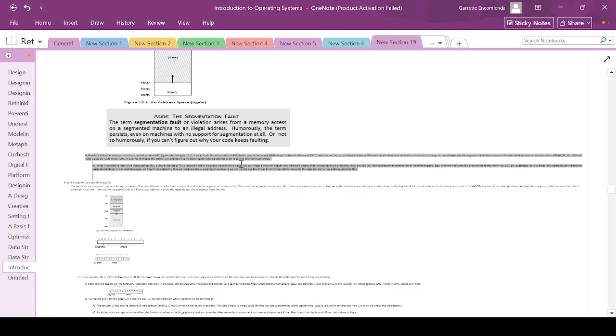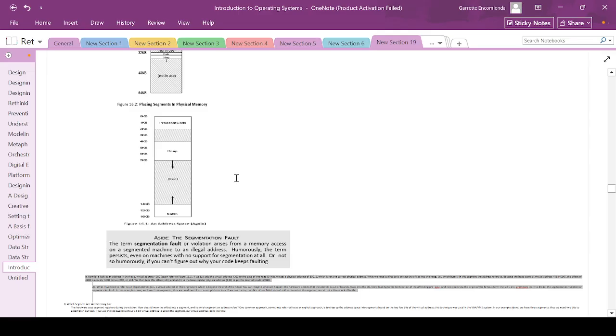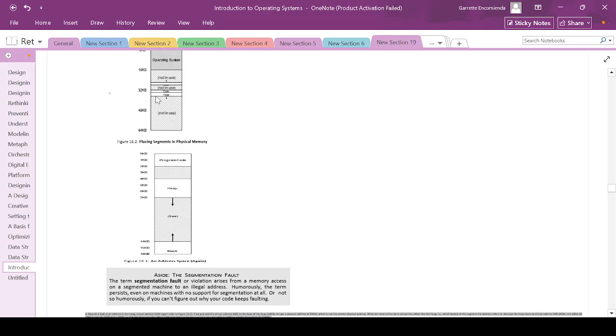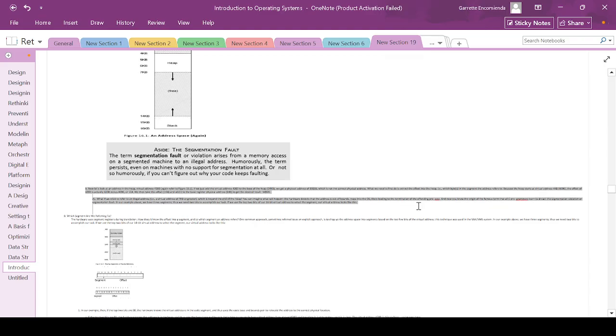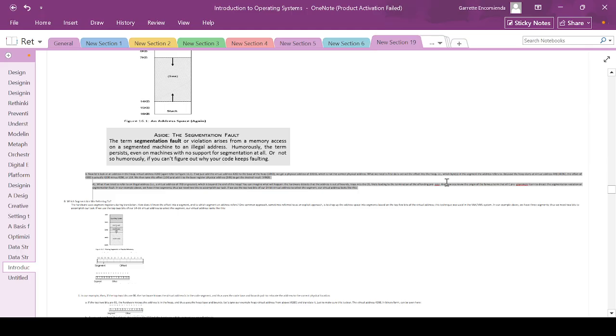If we just add the virtual address 4200 to the base of the heap, which in this case is 34 kilobytes, we get a physical address of 39,016, which is not the correct physical address. So what we need to do first is extract the offset into the heap, like which byte in this segment the address refers to.